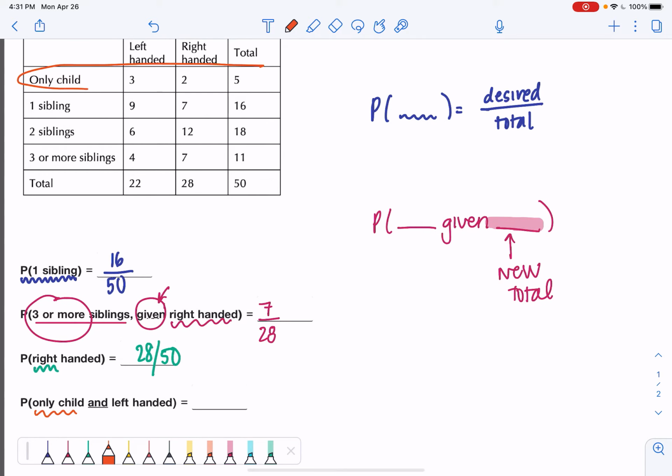Here's only child. And left-handed. Here's left-handed. So we need them to both be true. So that's 3 out of our total. So that's question number 1.